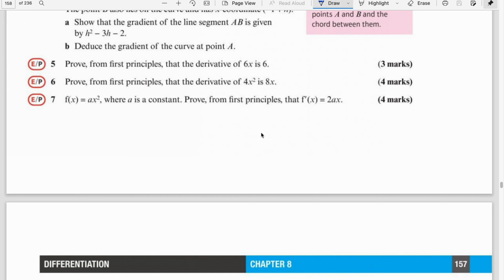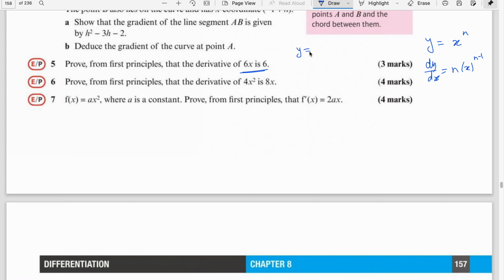So you just simply have to show all the working, which was if we have y equals x raised to power something, dy by dx would be the power comes down and we subtract 1 from the power.